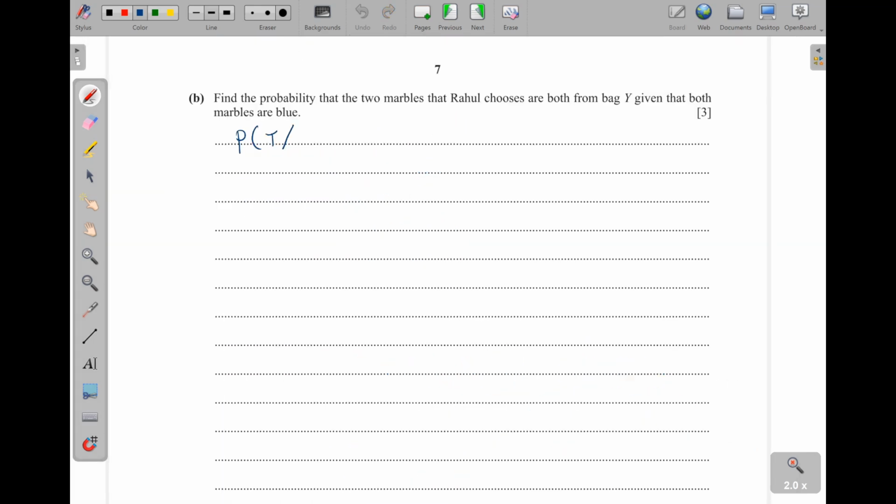You see that? So that means there must be a tail. Okay, then after that we can get blue and then blue. So now we are going to have probability of the tail intersection blue from Y, intersection blue again from Y, okay? Then out of probability of the 2 of them being blue.